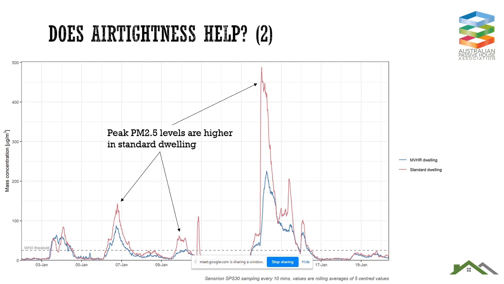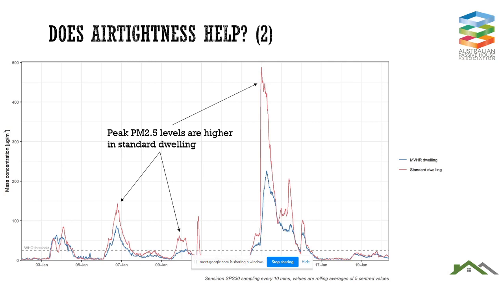Here's another example, again a building in the blue that's got mechanical ventilation, an F7 filter, all the usual air tightness. It's not quite passive house, I think it's in the order of mid-1s ACH, but it's pretty tight compared to a standard dwelling that was about 600 metres away.